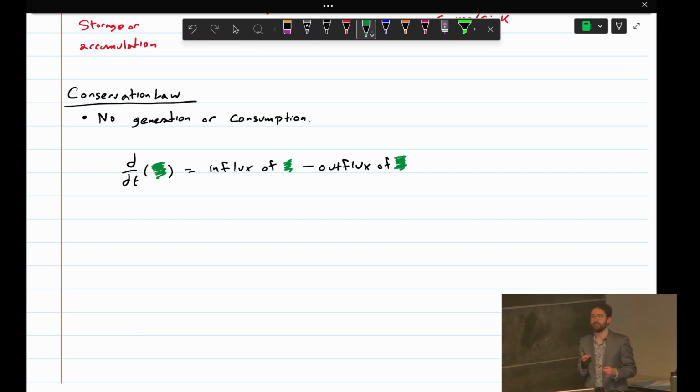So there's nowhere for this thing that's conserved to go. Once it enters our control volume, it either stays in our control volume or it leaves. That sounds simple, but there's no way that this could be generated or consumed. It can't just vanish. So that thing is governed by a conservation law. So for example, mass, momentum, and energy.